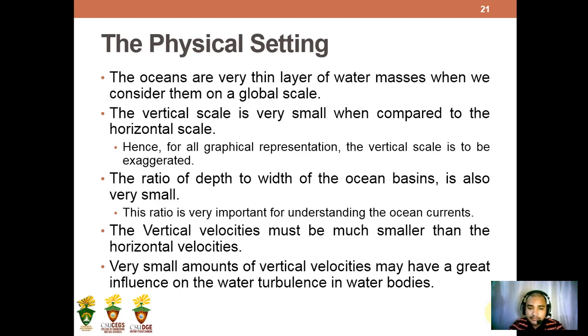No? Kung atong i-compare si vertical, ang iyang depth, and i-compare natin siya sa horizontal scale, which is ang kalapdon, is very small. No? Gamay lang siya. Therefore, for all geographical representation, the vertical scale is to be exaggerated.